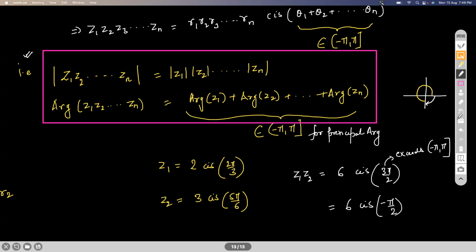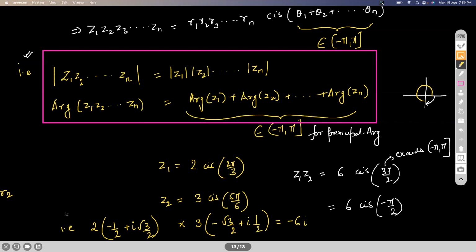Okay. So indirectly what I'm trying to say is that 2 cos 120, which is 2 into minus half, plus i sine 120, which is root 3 by 2, product with 3 cos 150, where cos 150 is minus root 3 by 2, plus i sine 150. If you multiply it, it's going to give you minus 6i.